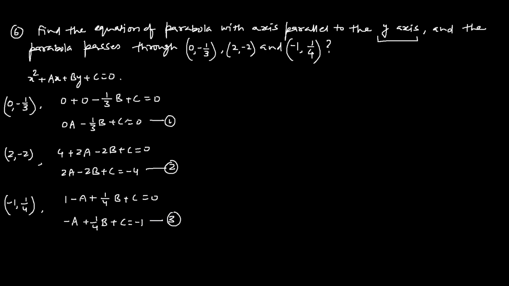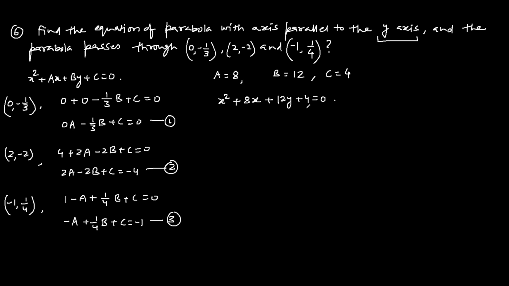Now let's solve the three simultaneous equations to find the values of a, b and c. And the values are 8, 12 and 4. So the desired equation is x square plus 8x plus 12y plus 4 equal to 0.